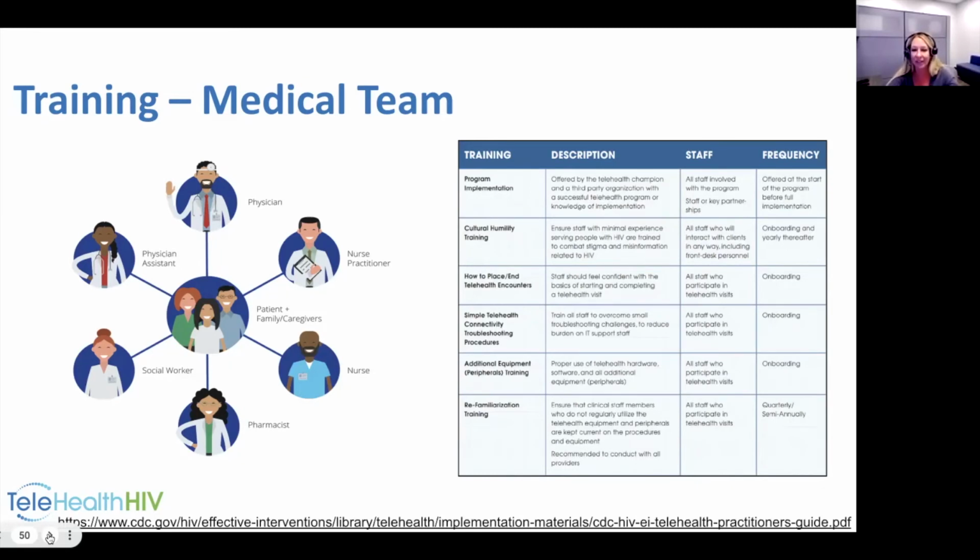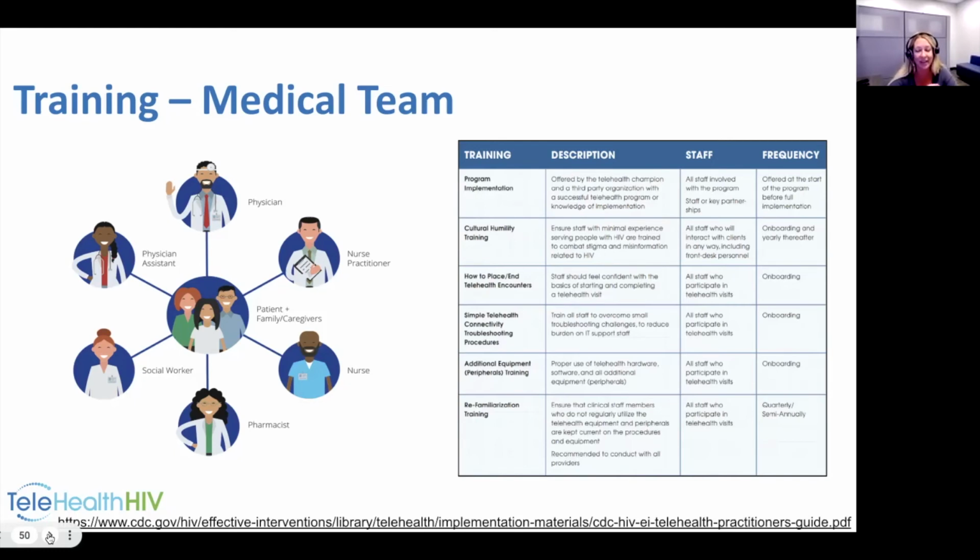With the program implementation, everybody needs to be onboarded, but the problem is that some people will end up leaving. And so you constantly need to make sure that you're assessing on a continuous basis if your staff is able to continue using this and using it correctly. Making sure that people are trained appropriately with cultural humility.